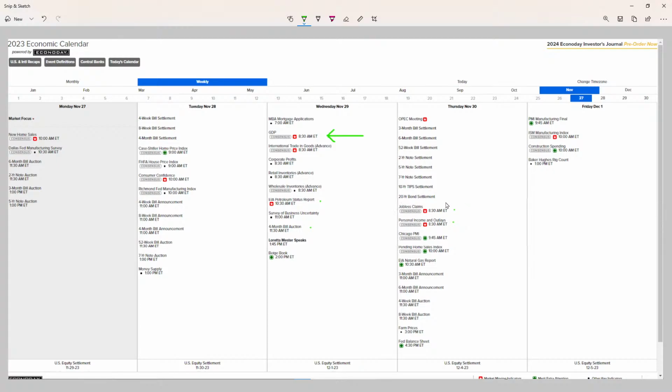The investors see this one. PMI here. ISM could also have something here. PMI manufacturing final here, 945. I guess this is going to be the most important thing.